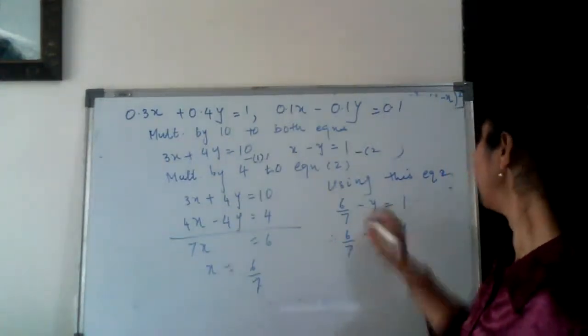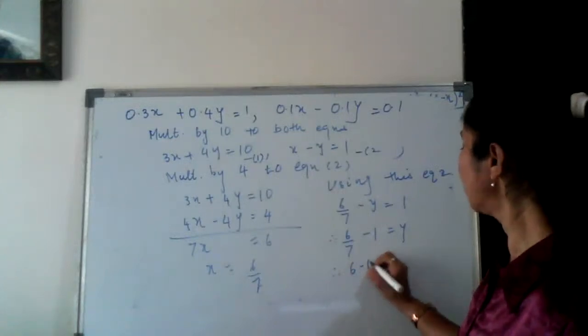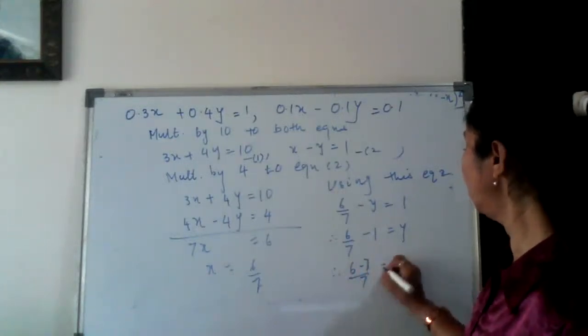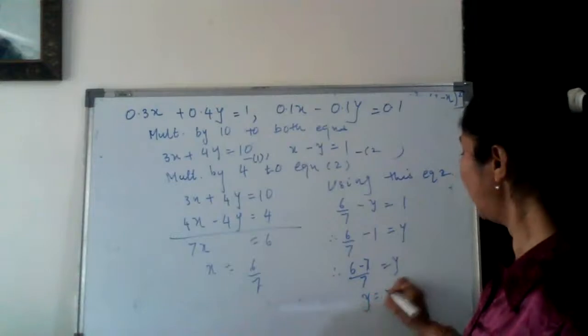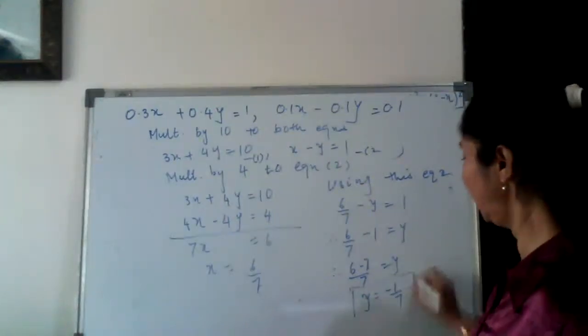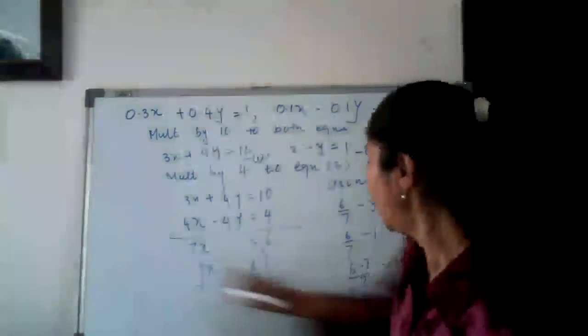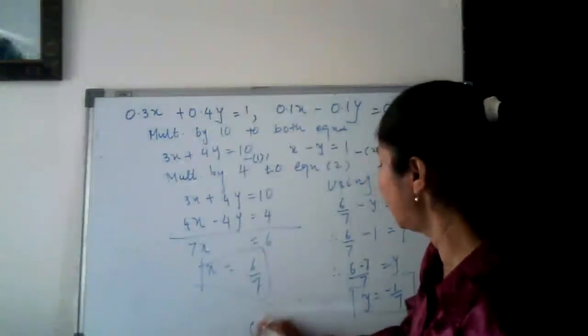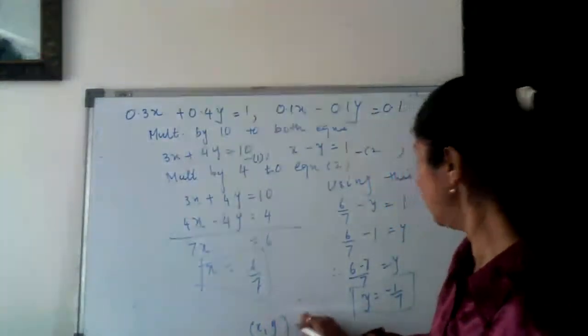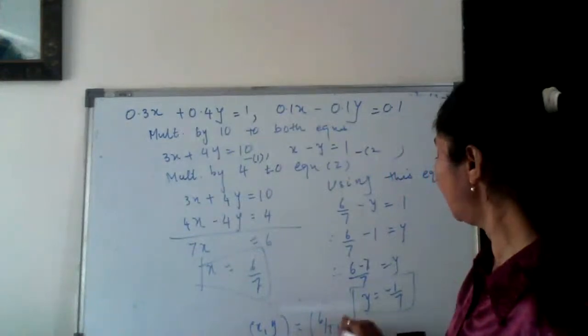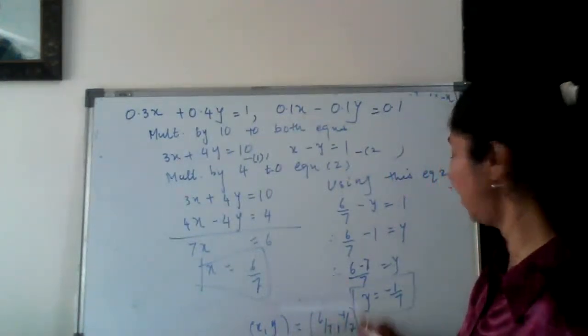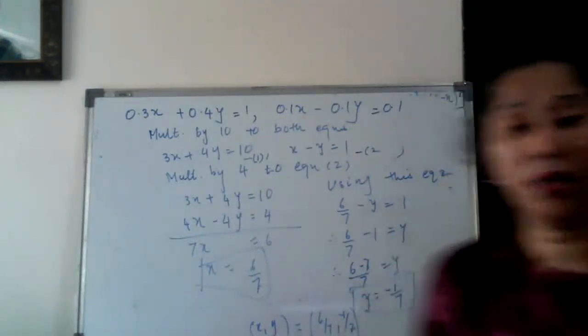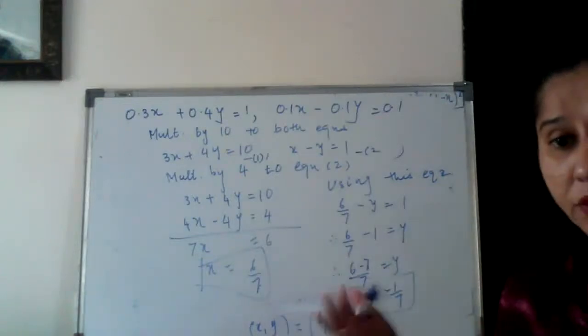Exchanging the places, it is (6 minus 7) upon 7, so y is equal to minus 1 by 7. We get the values here. Therefore our solution set, that is (x, y), is nothing but (6 by 7, minus 1 by 7).